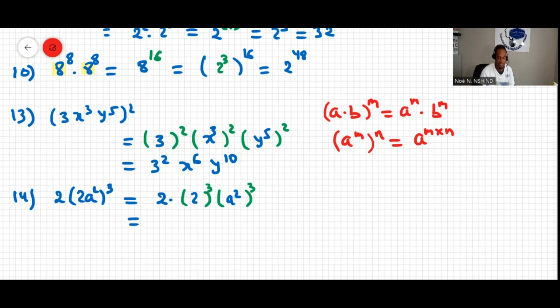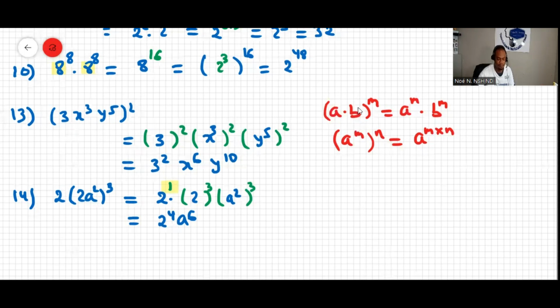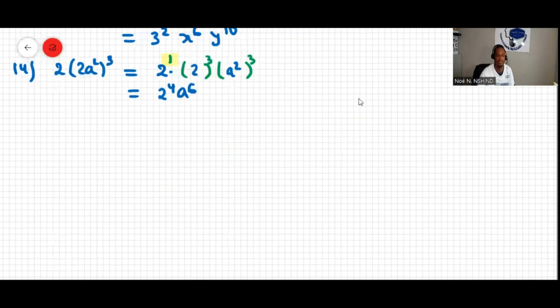Note that when we don't see exponents, understand that the power is just 1. Over there, we are going to add the exponents, which makes 2 to the power 4, and then a to the power 6. Over here, we apply this law of exponents.